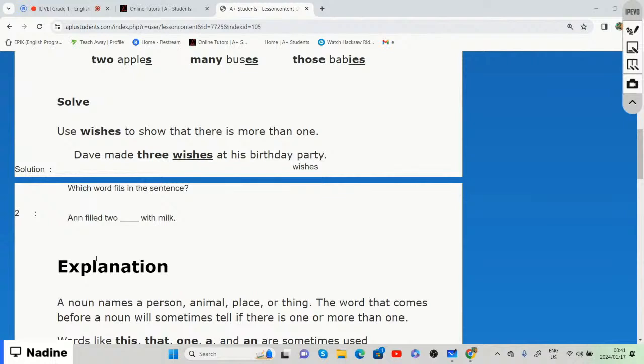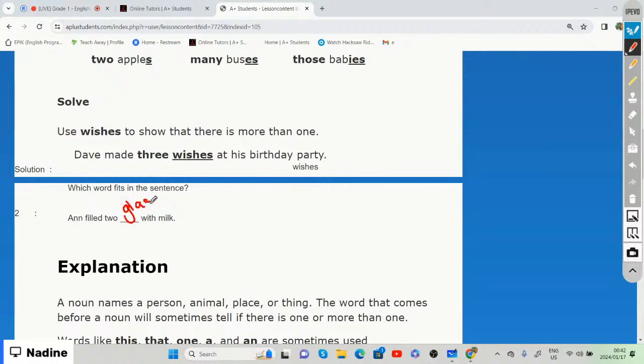And if we were to fill in this word here, we would say, and filled two glasses. Not just glass, but plural form glasses with milk. So any two glasses with milk.